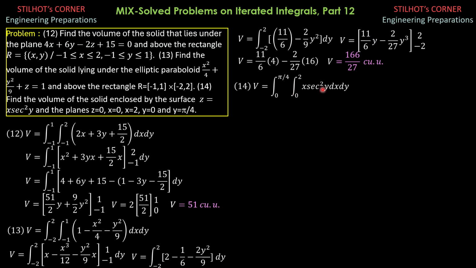So copy secant squared, the integral of x dx is x squared over 2. So volume equals the integral from 0 to pi over 4 of x squared over 2 secant squared of y dy, from 0 to 2. So this is 2 squared over 2, so 2, minus the lower limit 0. So the expression becomes volume equals the integral from 0 to pi over 4 of 2 secant squared y dy.